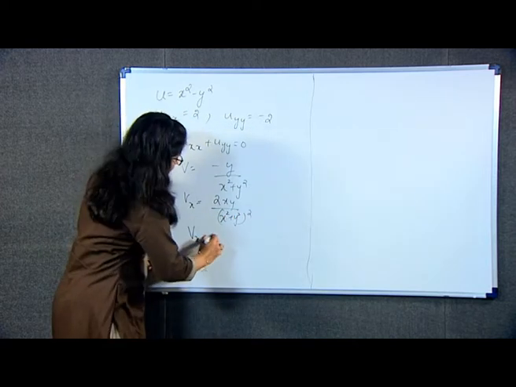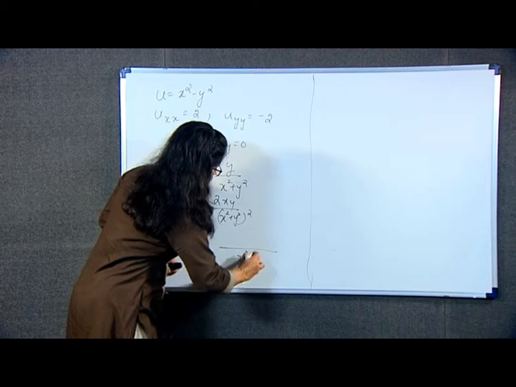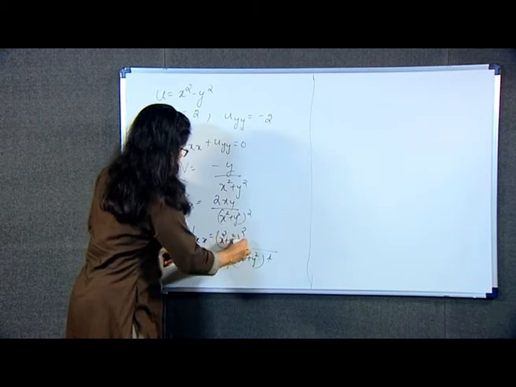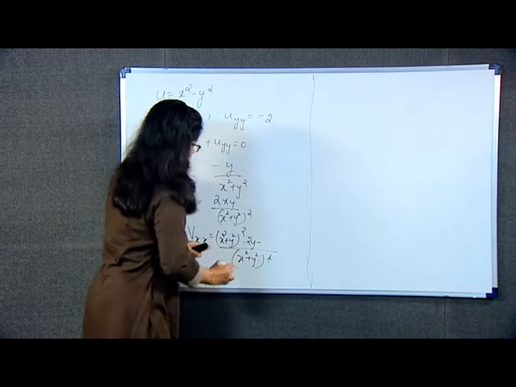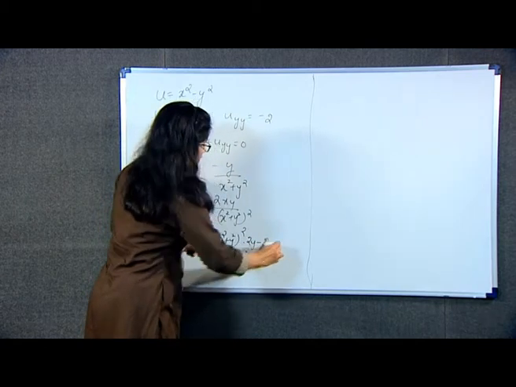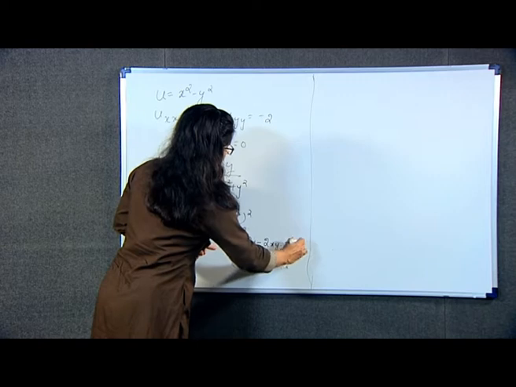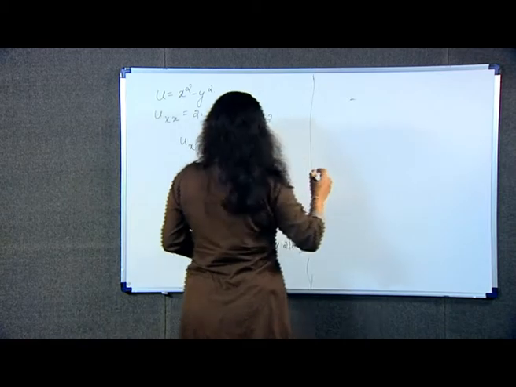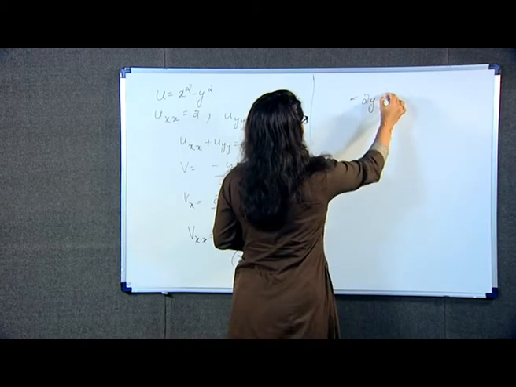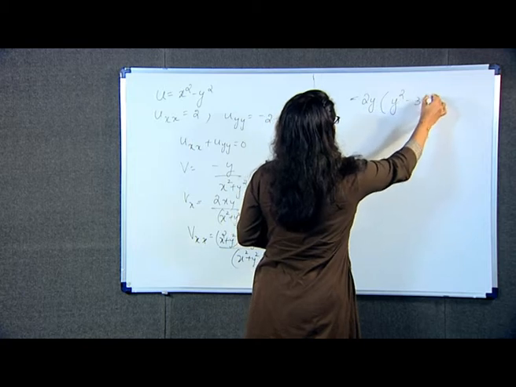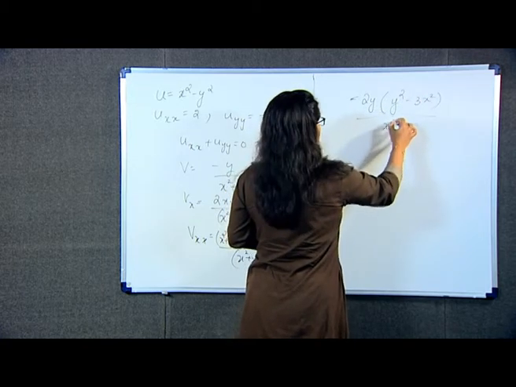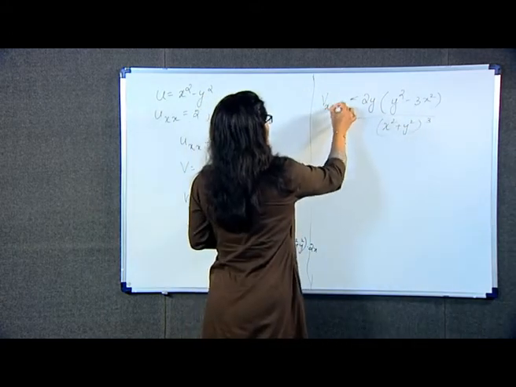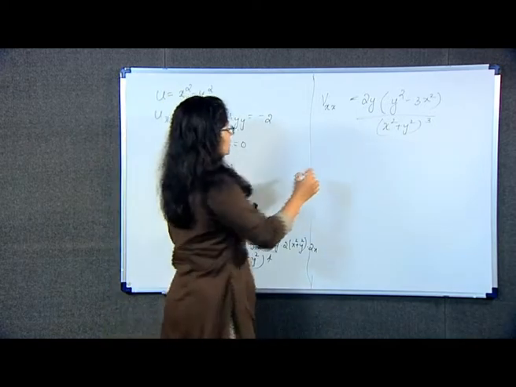The second order derivative is x square plus y square the whole square into 2y minus 2xy into 2 times x square plus y square into 2x, divided by x square plus y square to the power 4. This reduces to 2y into y square minus 3x square divided by x square plus y square the whole cube after cancellation.